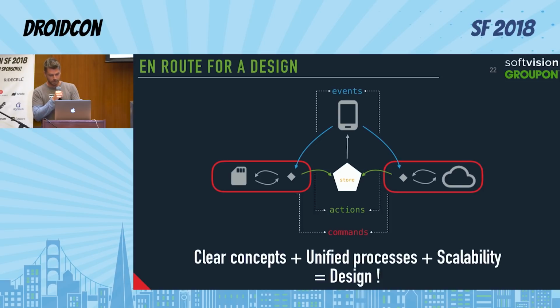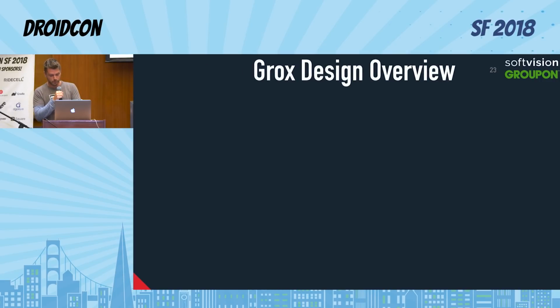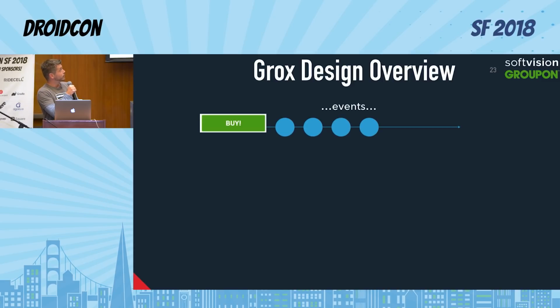So let's see a bit more of the design overview of Grox. So let's take a simple example. We are inside the Groupon application. There is a buy button so that our users can buy amazing deals from Groupon. Then we are going to transform this button, or see it, as a stream of clicks, a stream of UI events.